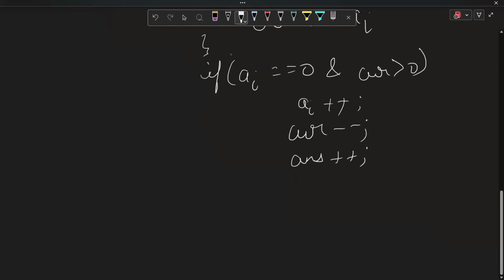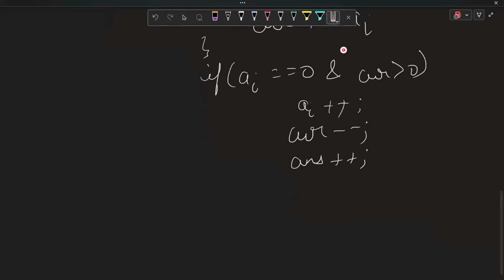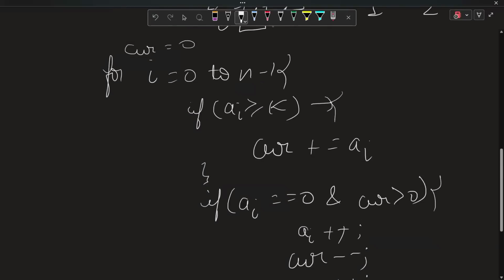So the number of cases where this happens is what we count in our answer variable. That is basically what our code is. We just need to write this. You can just see the code also.